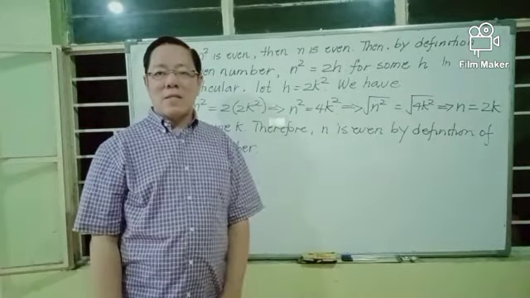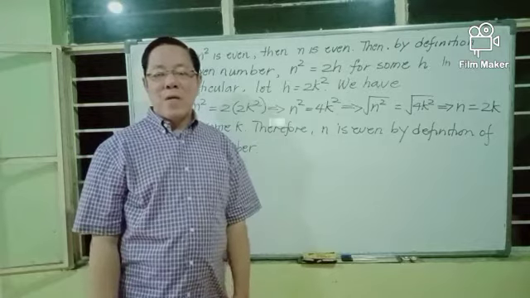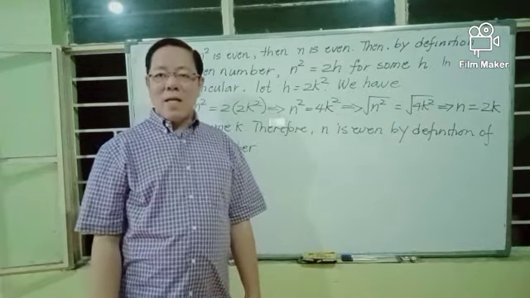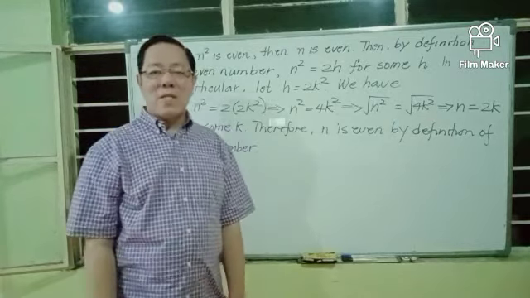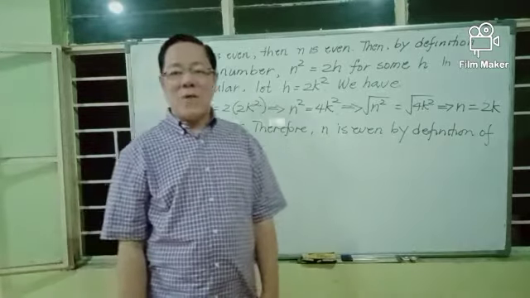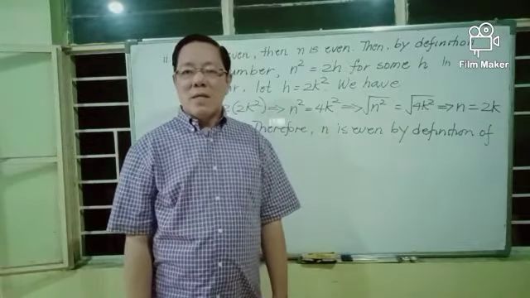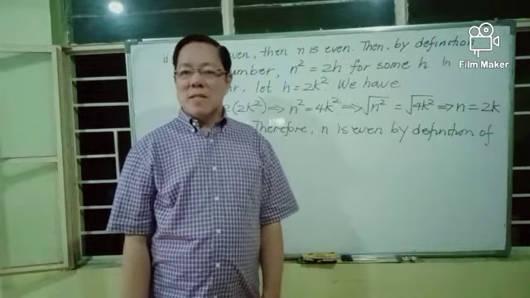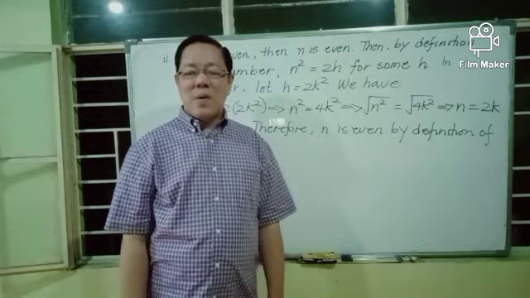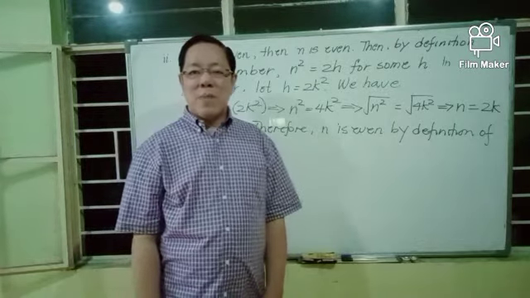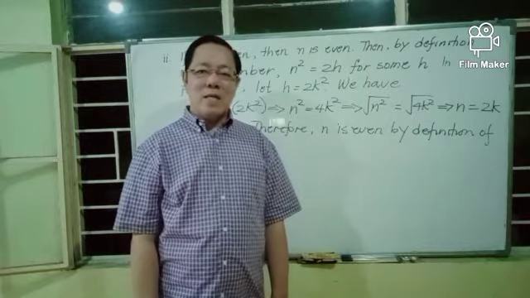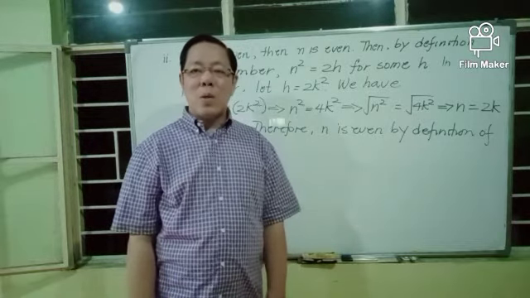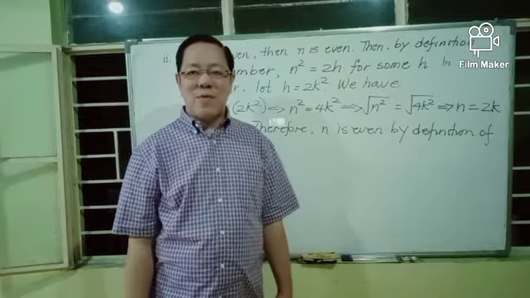And this completes the first part of the proof, that n and n squared have the same parity. In particular, if n is even, then n squared is also even. Or using the biconditional statement, n is even if and only if n squared is even.